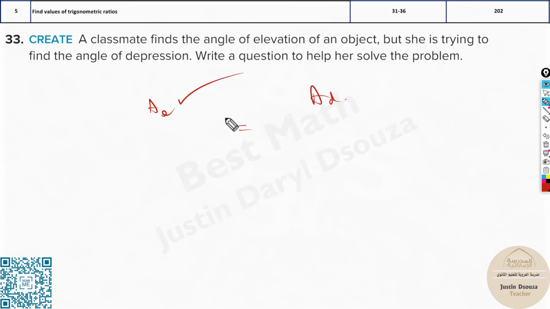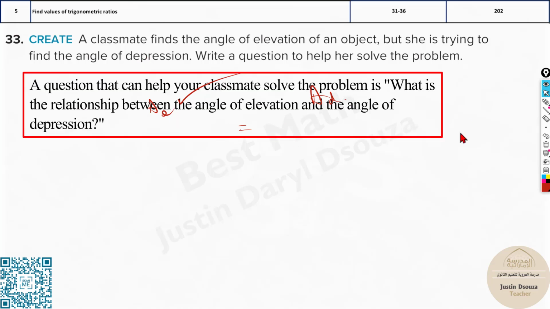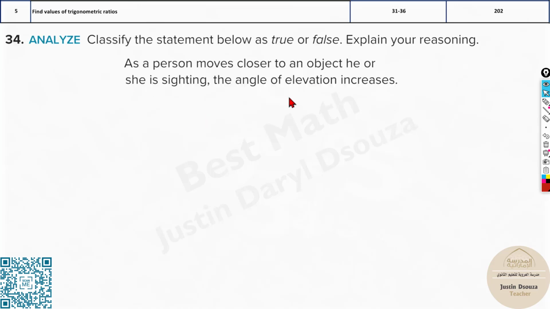They both are equal. If someone tells her the relationship between angle of elevation and angle of depression, then she will come to know they both are equal. So whatever angle she has found over here, imagine it's 50 degrees, then both are 50 degrees, right? So asking what is the relationship between the angle of elevation and the angle of depression will help the student to solve this particular problem.